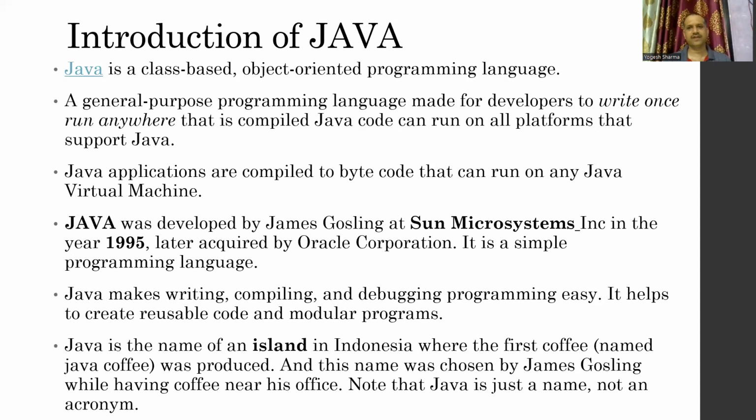Now, if we talk about the Java programming language, Java is one of the class-based object-oriented programming languages. It means it supports all the concepts of object-oriented programming, and it basically works on the concept of write once and run anywhere.